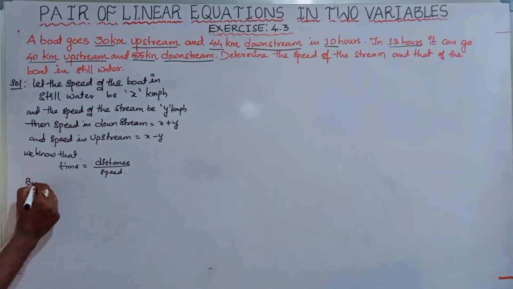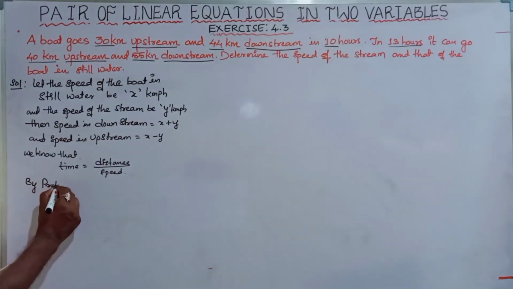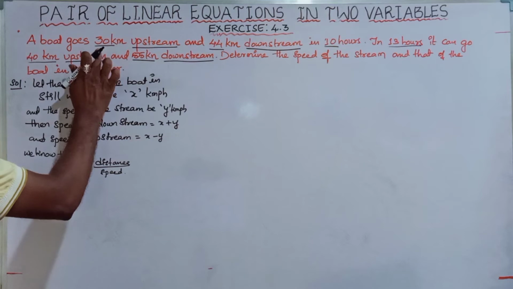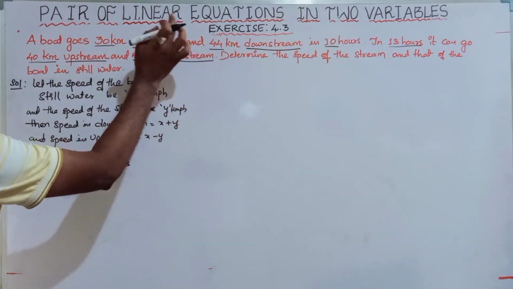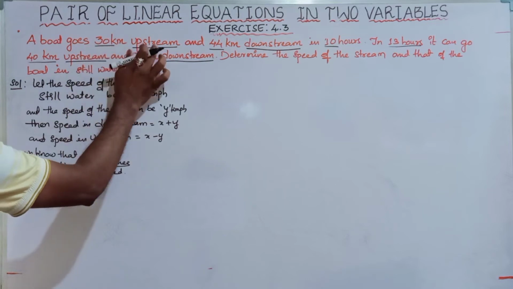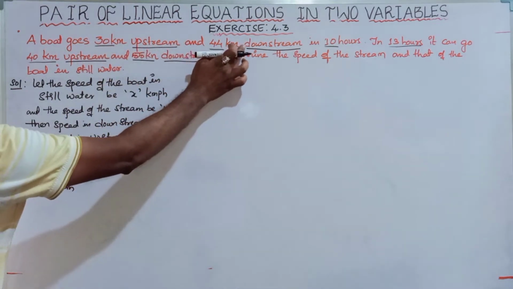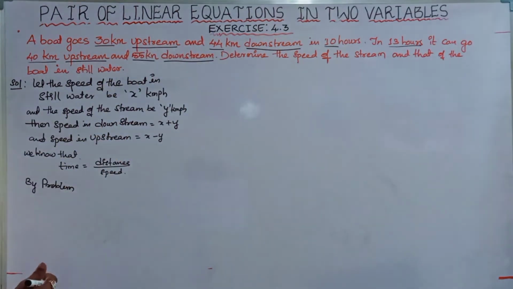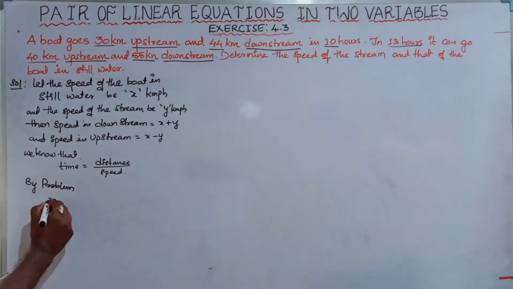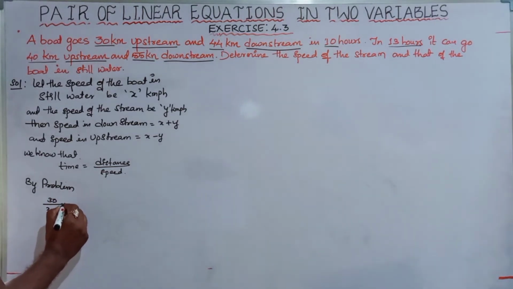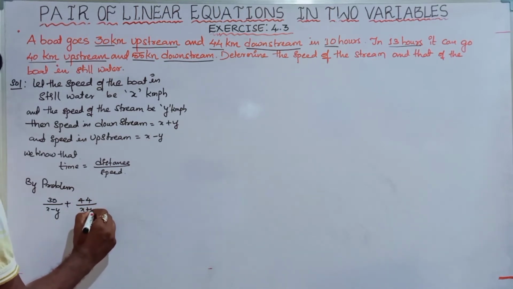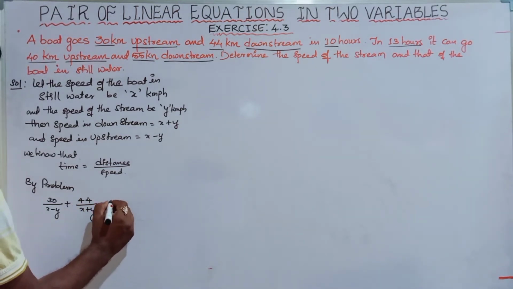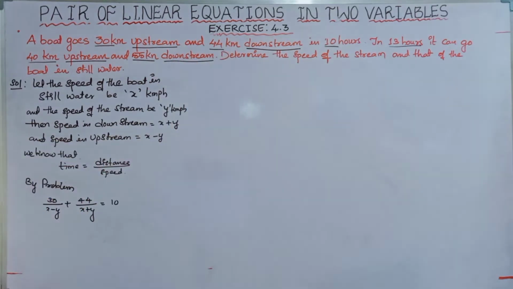By problem, first distance 30 kilometers upstream, 44 kilometers downstream. 30 by x minus y plus 44 by x plus y is equal to 10 hours.